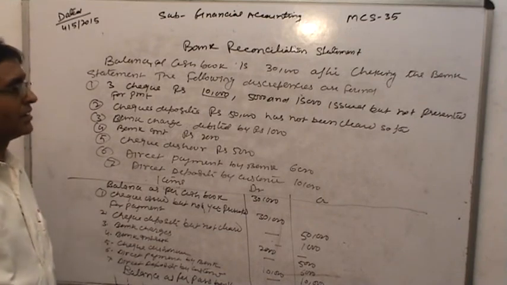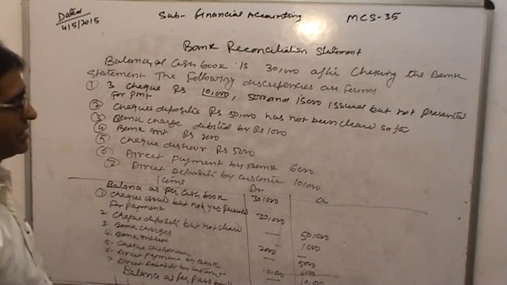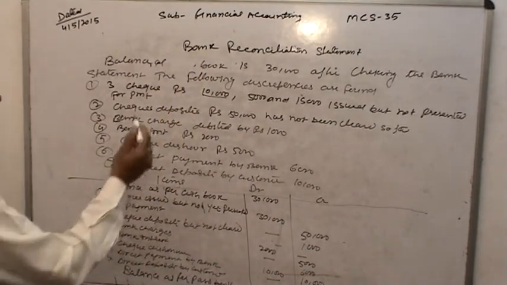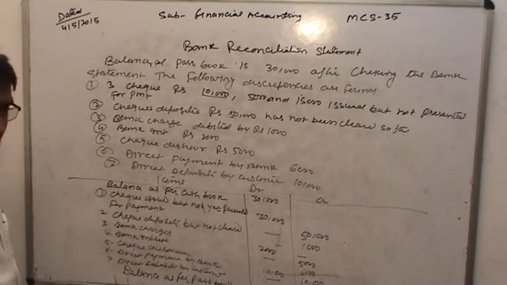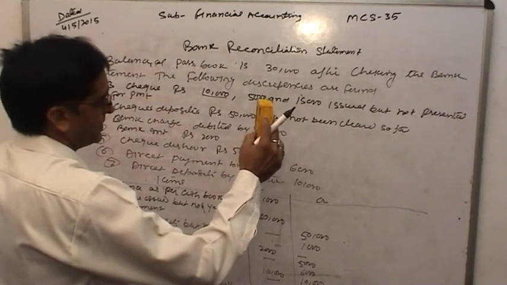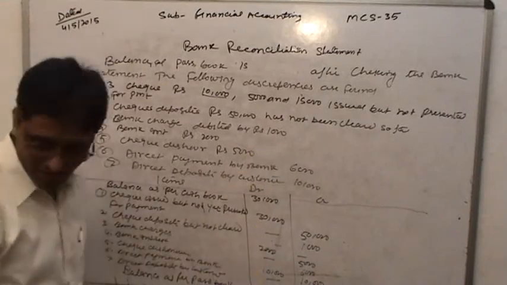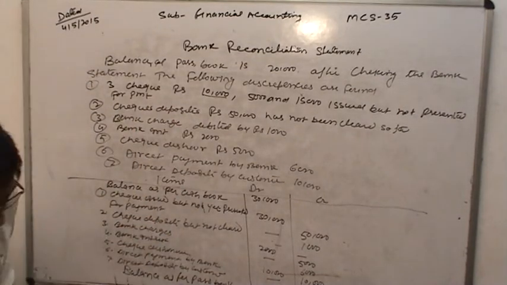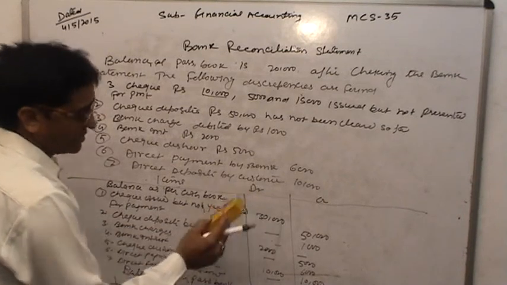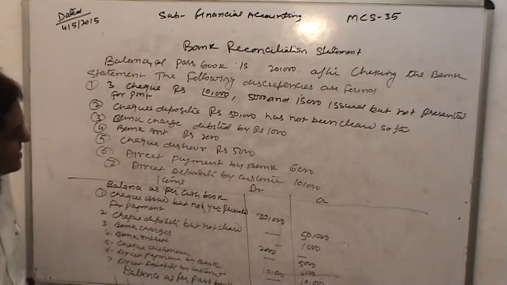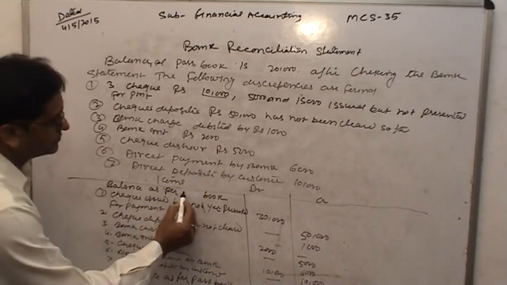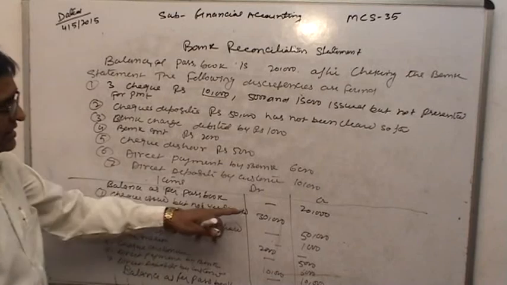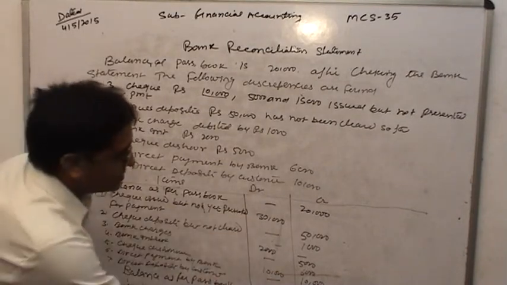Same as, if in the question it is given that the balance of passbook is rupees 20,000 and the other transactions remain the same, then the answer will be balance as per passbook 20,000 written here, then the rest remain the same excluding the total.